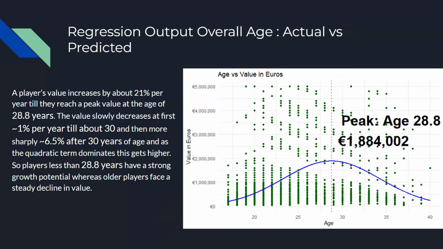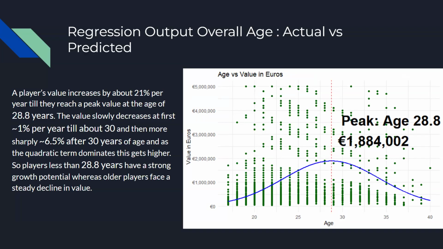And next, we can see that age is also a very big factor when it comes to the value of a player. The peak age of a football player is 28.8 or 29 years old. At the start of their career, every year their age increases results in a steep 21% increase in their market value.